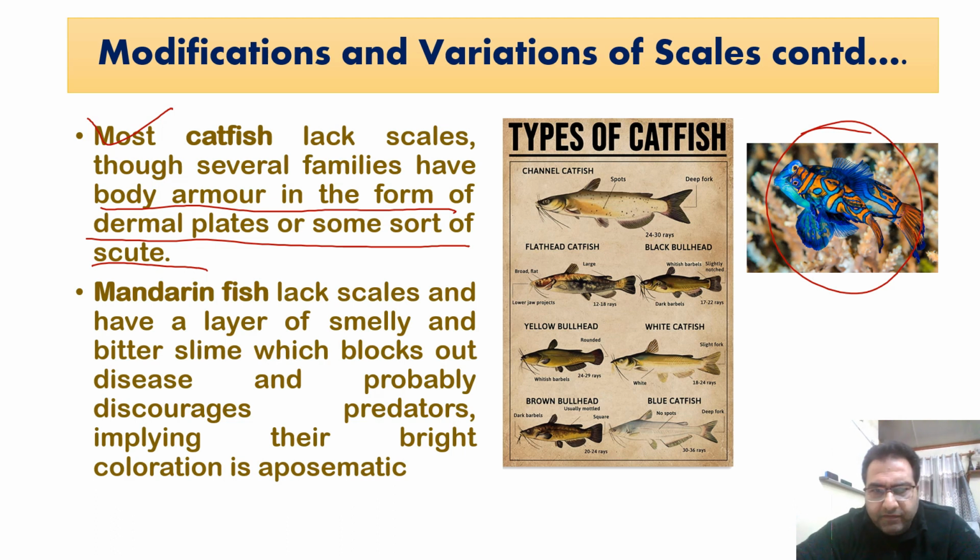These fish lack scales and have a layer of smelly and bitter slime, which blocks out disease and probably discourages predators, implying their bright coloration is also aposematic. So instead of the scales, they have developed certain other mechanisms in order to protect themselves.